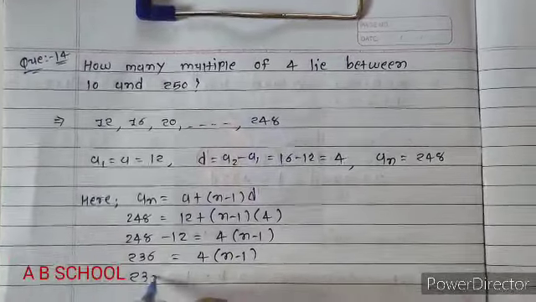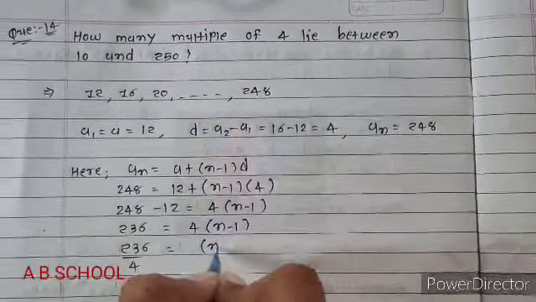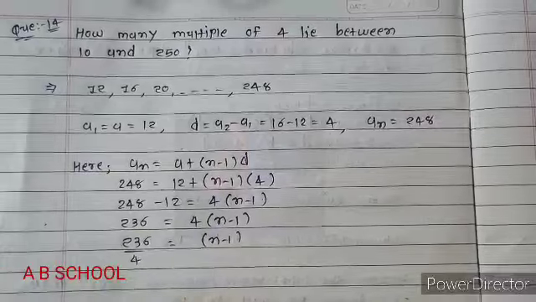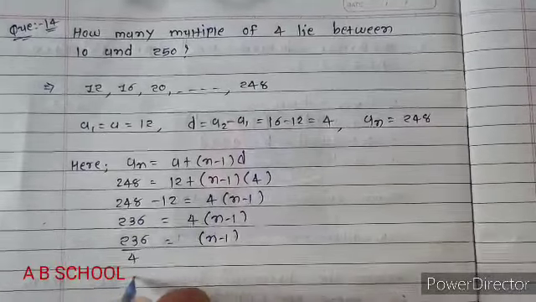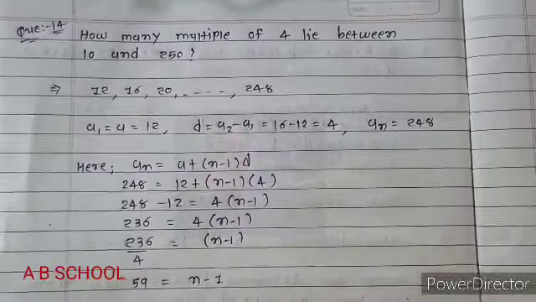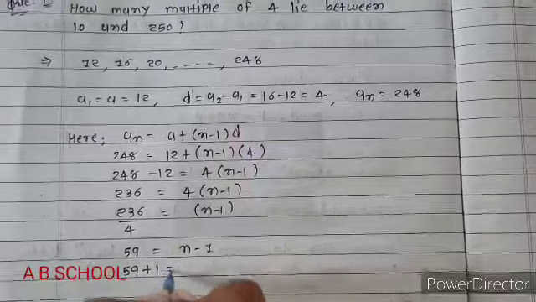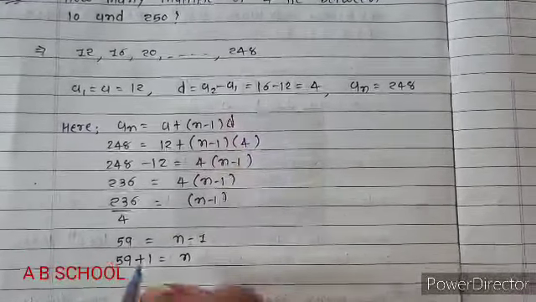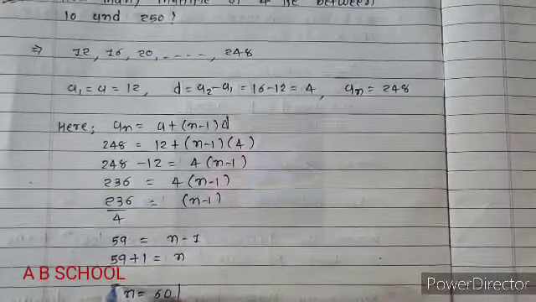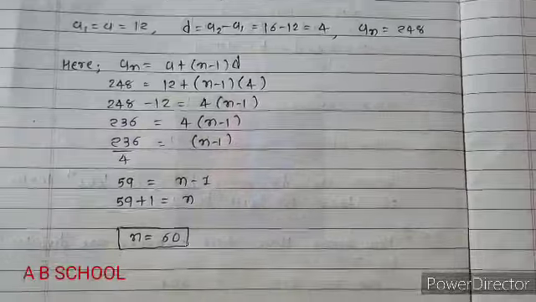So 236 divided by 4 is equal to n minus 1. So 236 divided by 4 is 59, which is equal to n minus 1. So 59 plus 1 is equal to n. So n is equal to 60. Okay, so the value of n is equal to 60.